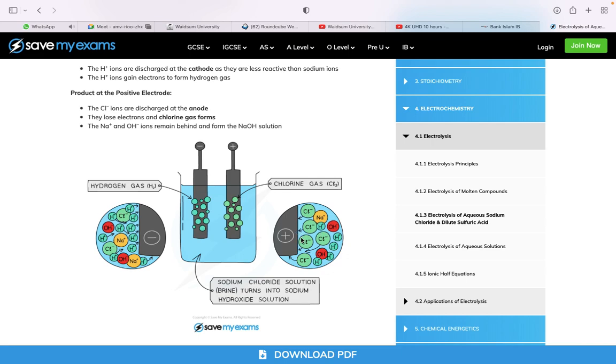Then on this other side, chlorine will be produced instead of OH ions. There's no gas called OH ion. Chlorine will be produced in this regard because it just needs to lose one electron, so chlorine will be produced quickly.